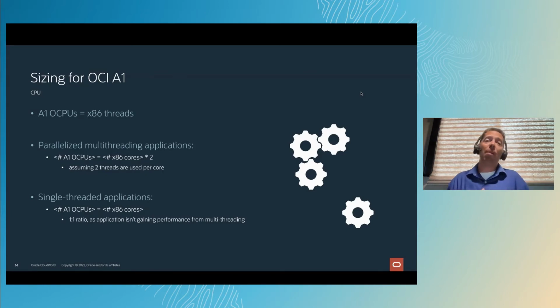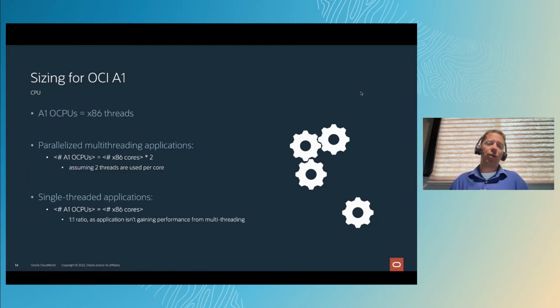This is because depending on your application stack in an x86 world, the number of OCPUs might be different. For instance, if we have a parallelized multi-threading application, we would take the number of cores, and assuming all of the threads are being used, we would double the number of x86 cores to give us an approximate number of A1 OCPUs to begin testing with. So it's, again, assuming 2 threads per core in an x86 world gives us double the number of OCPUs.